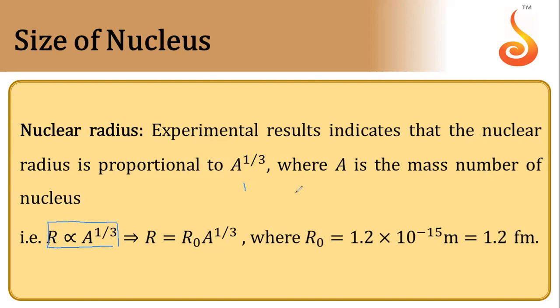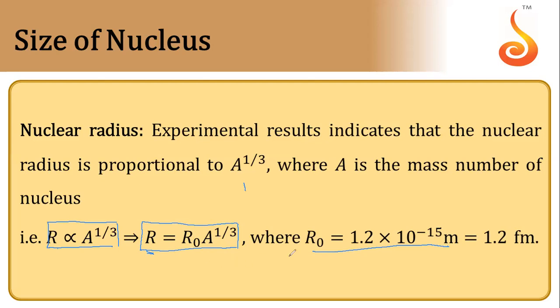From the experimental result, the radius of the nucleus is r naught into A raised to power 1 by 3, where r naught value is 1.2 into 10 raised to power minus 15 meter. So this will give you the radius of the nucleus.